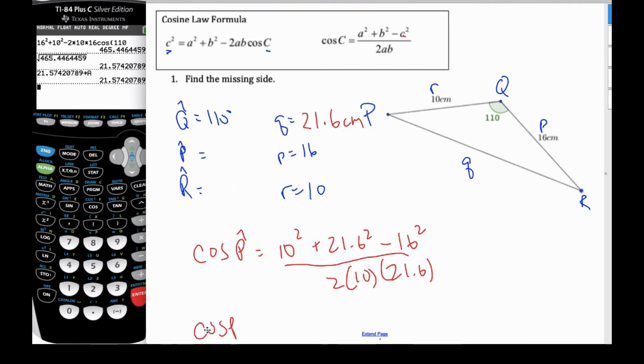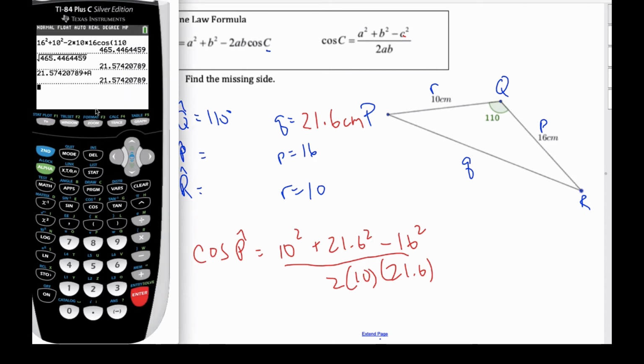And so now if I go to my calculator, I'm just going to put this whole part in. I'm going to go parenthesis 10 squared plus, well, this is my A value, so I go alpha A squared minus 16 squared, close parenthesis, divide by open parenthesis, 2 times 10 times alpha A, close parenthesis.